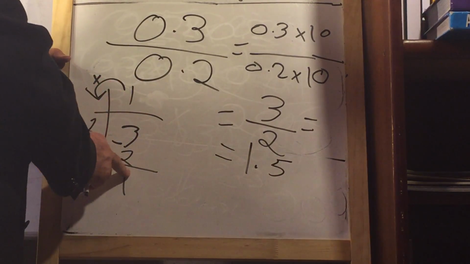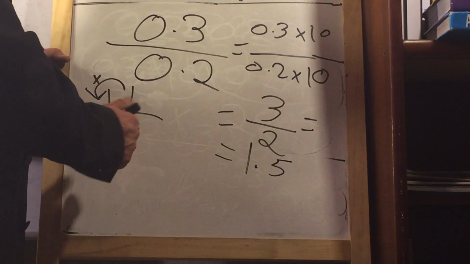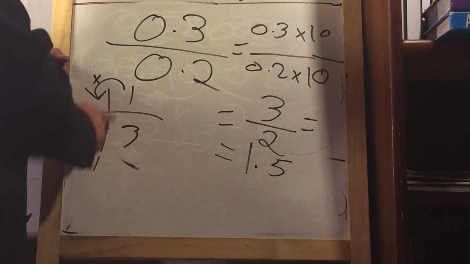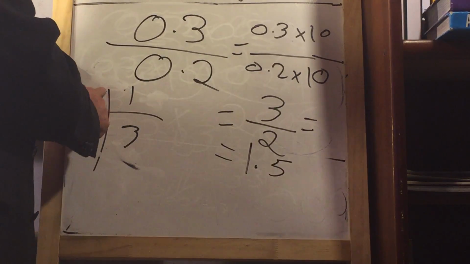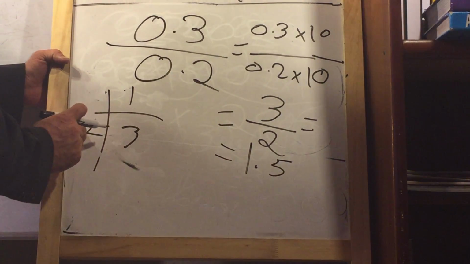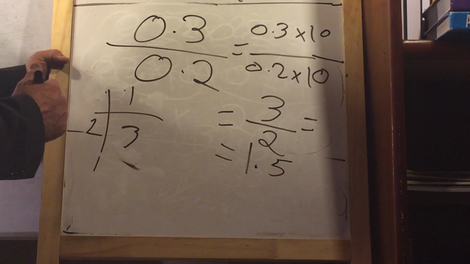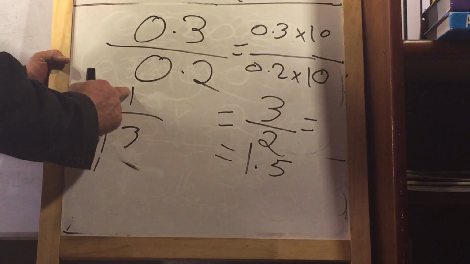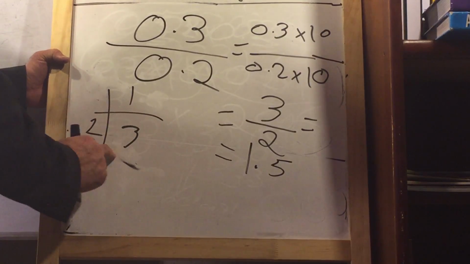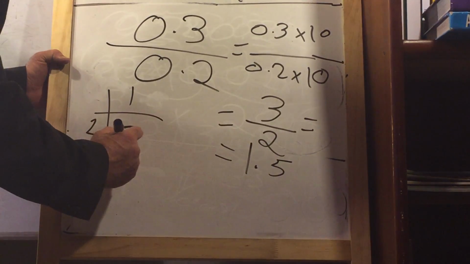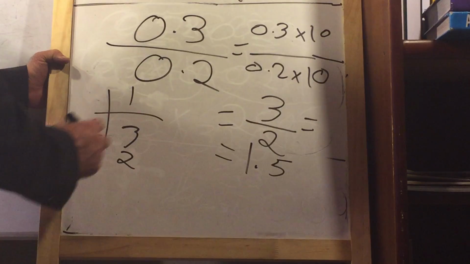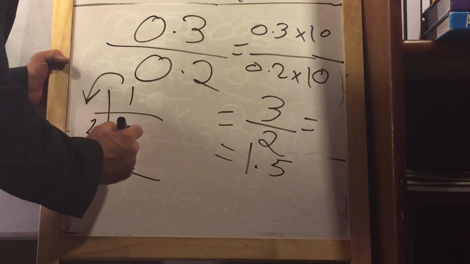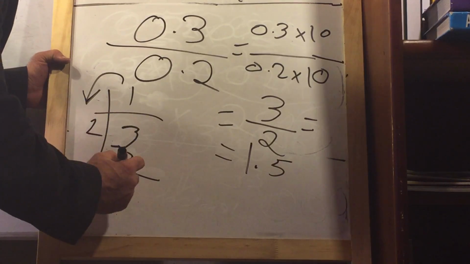Let's do this over again. 3 divided by 2 is 1. How many 2's in 3? There's 1 two in 3. So 1 times 2 is 2. Remember, we multiply it, and then we subtract this. 3 minus 2 is 1.